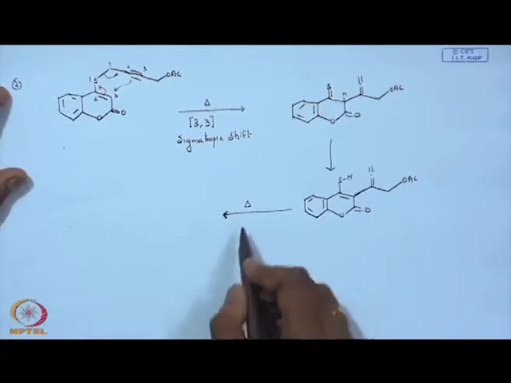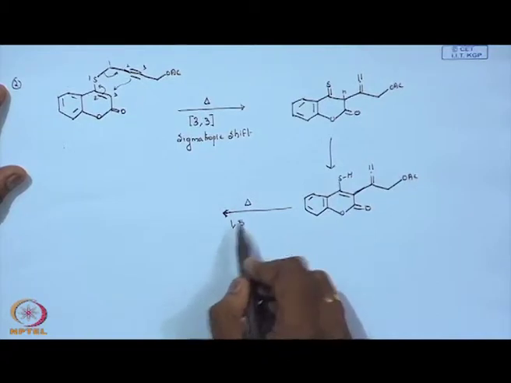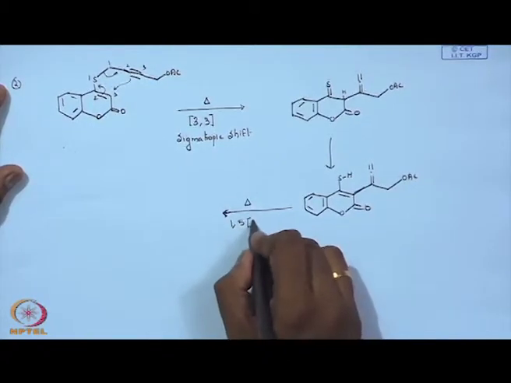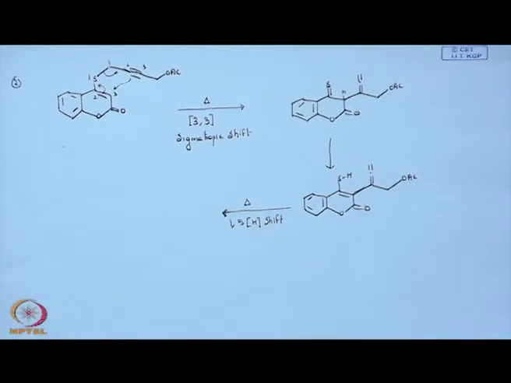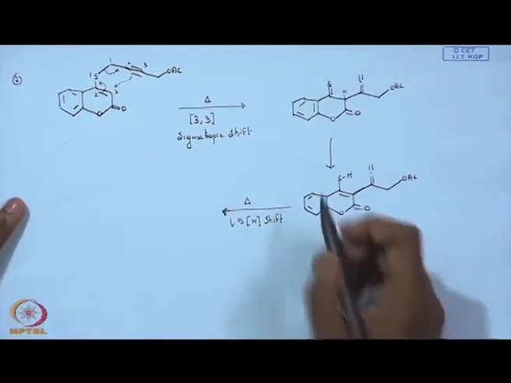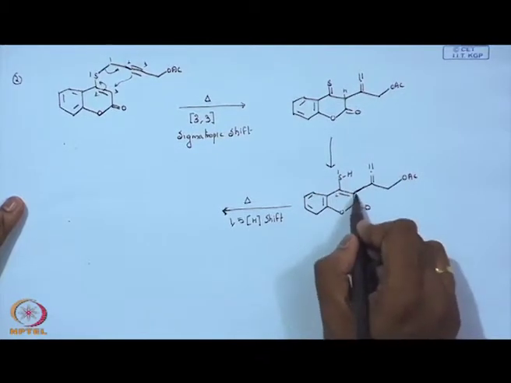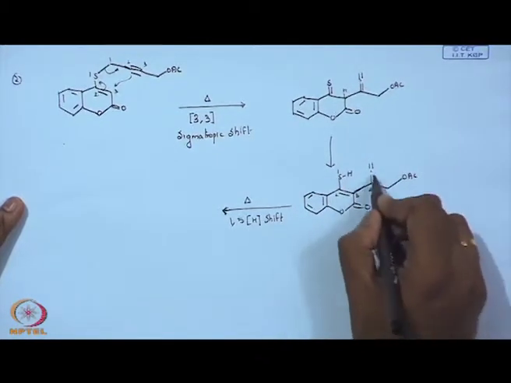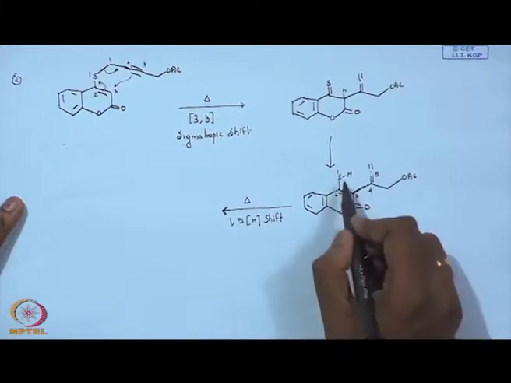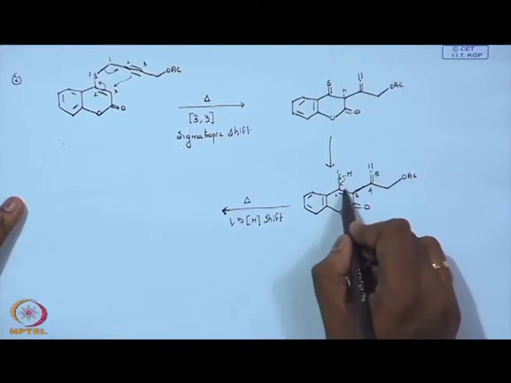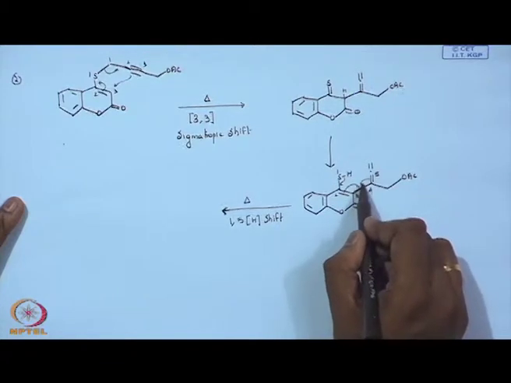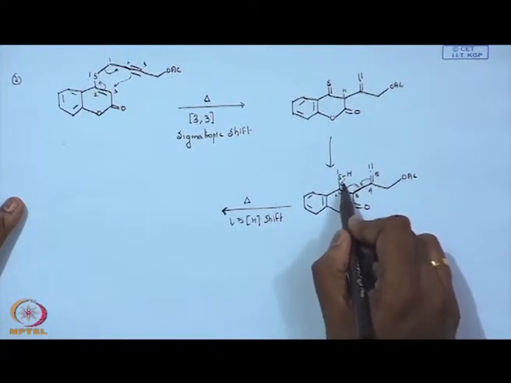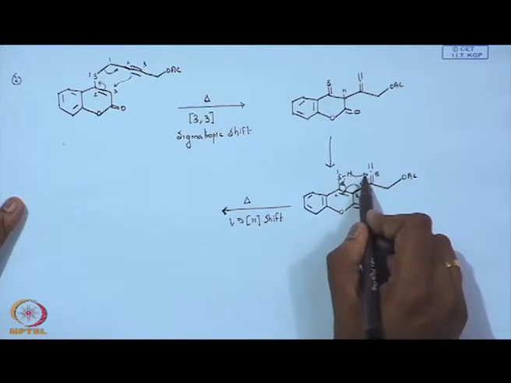Yes, that is good. It is nothing but a 1,5 hydrogen shift. You can expect a 1,5 hydrogen shift like this. So, 1, 2, 3, 4, 5. I can push this down, I can push it up, and your hydrogen goes here.